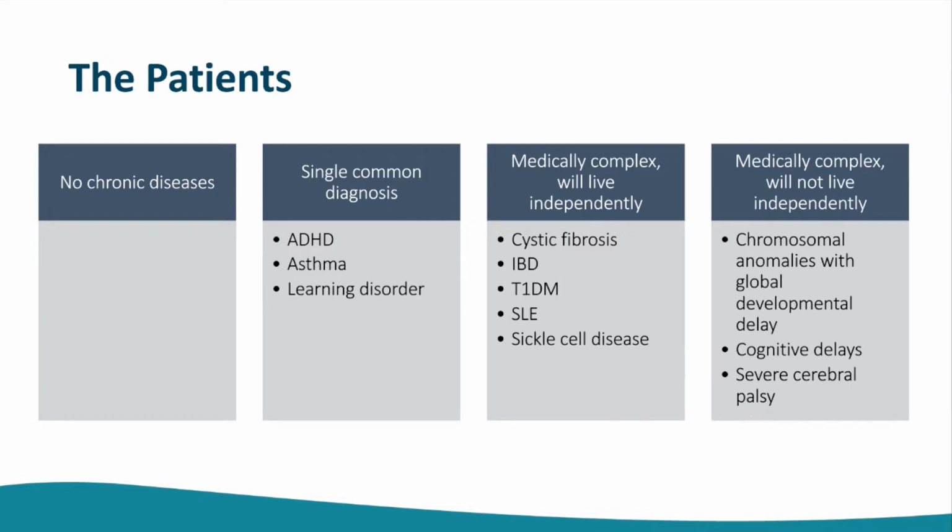The bulk of my practice is in the medically complex group that will not live independently for the most part. Those are patients that have severe cerebral palsy, those that have trachs, feeding tubes, and cognitive delays that go along with it. That is a field that is developing, and there's more and more literature coming out every day.